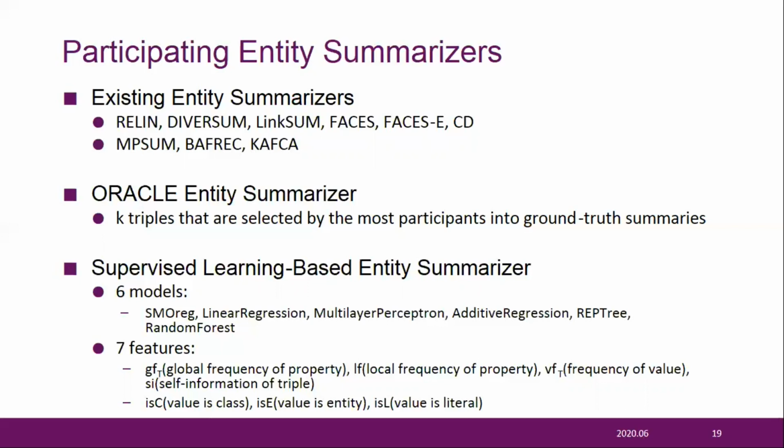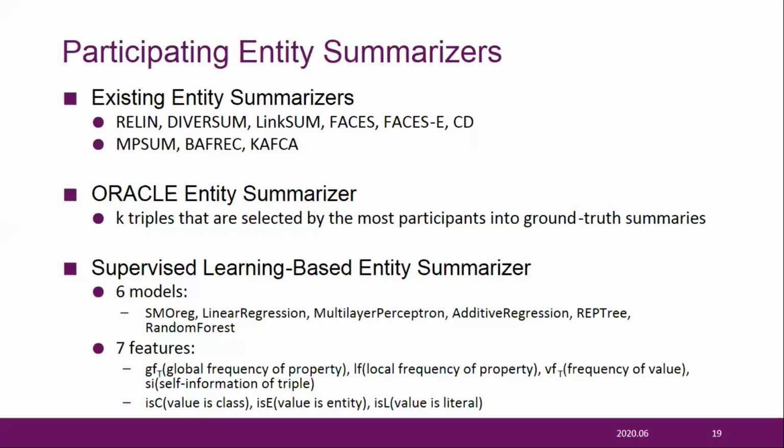Oracle simply outputs k-tuples that are selected by the most users into ground truth summaries. The third is a supervised learning-based anti-summarizer. Existing general-purpose anti-summarizers are unsupervised. We implement this supervised learning-based anti-summarizer to explore the potential of this kind of technique.